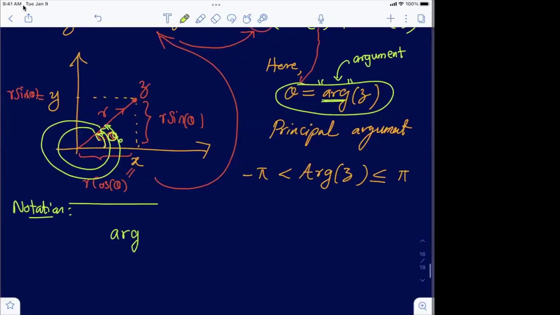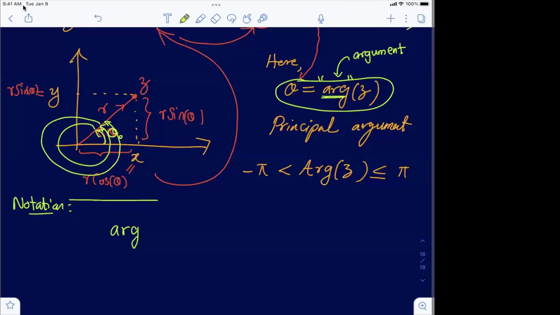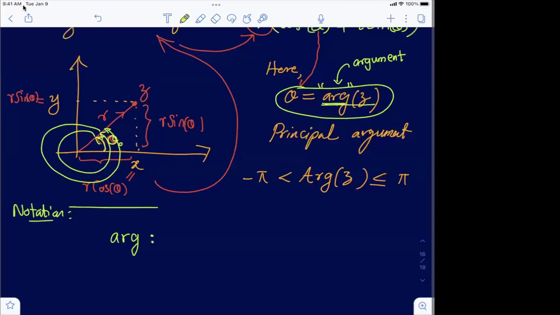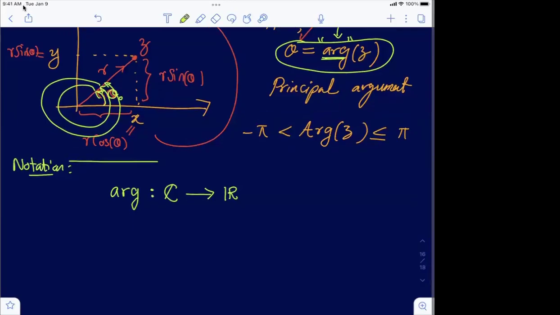Arg is kind of like a function. It's a function notation that you see here. So arg is a function from the collection of complex numbers to real numbers. But this is not going to be a unique value.